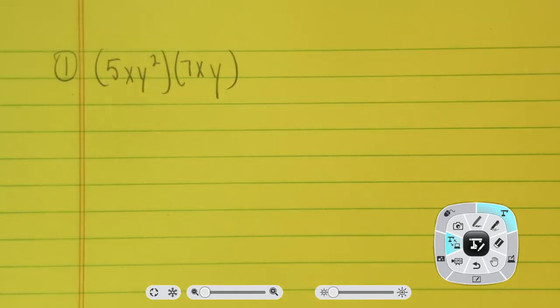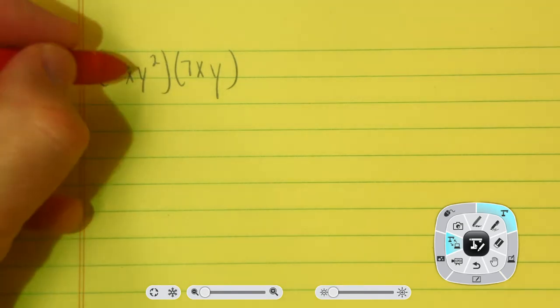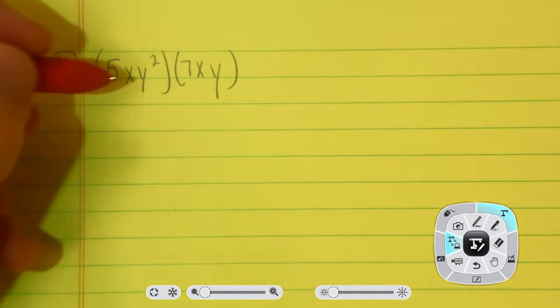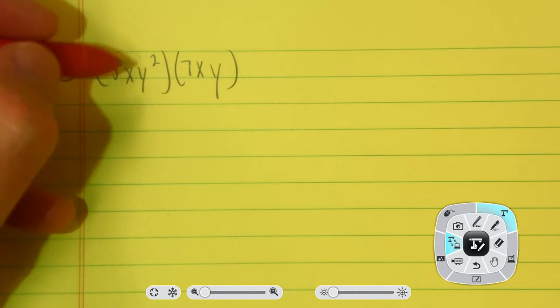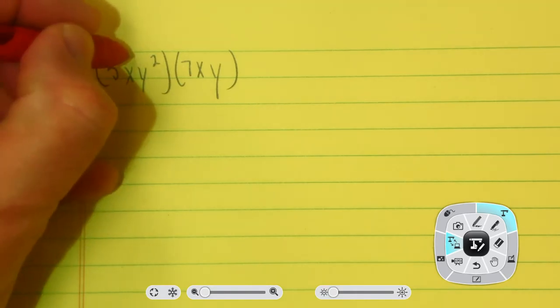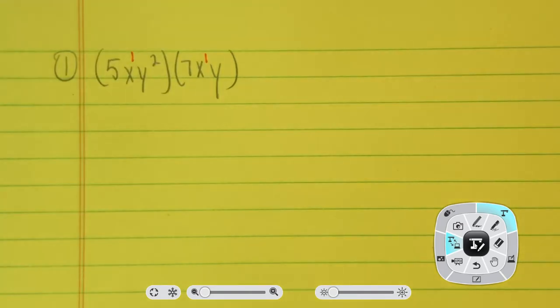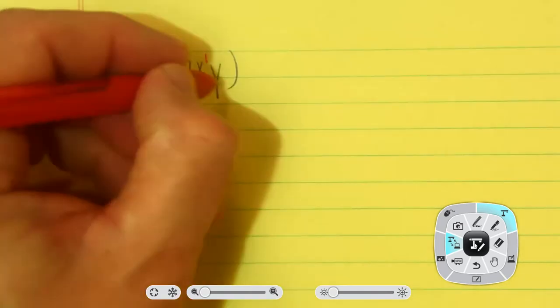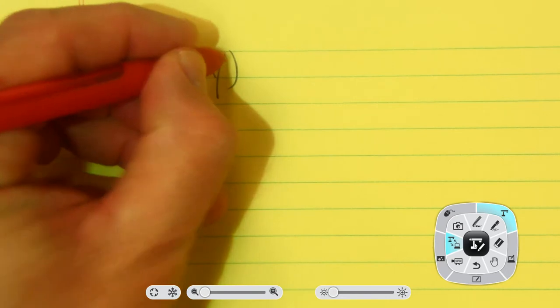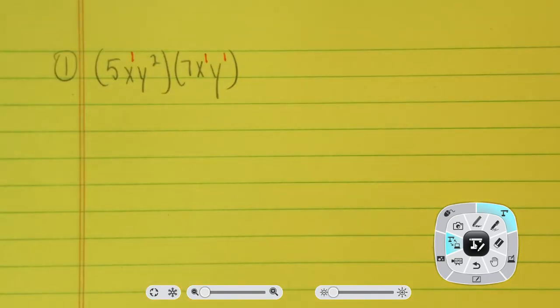First thing we want to remember is that even if my variable doesn't show an exponent, it has a degree or power of 1, and I'm going to jot those down. Y has a power or a degree of 1. That becomes very important. Now, we have to remember our product rule.